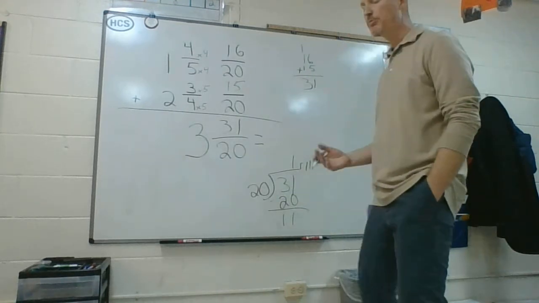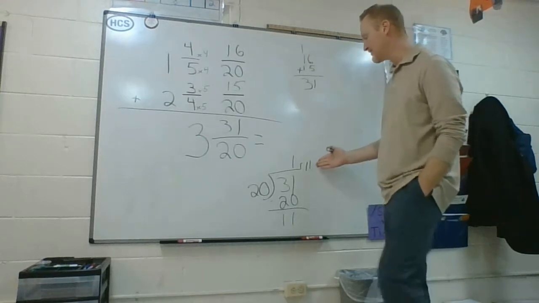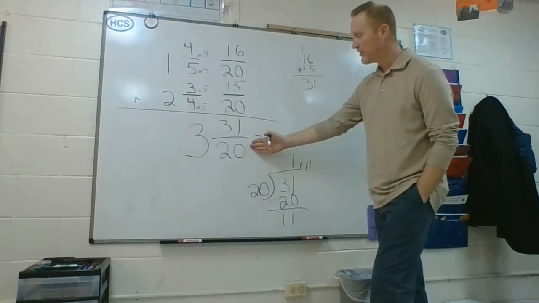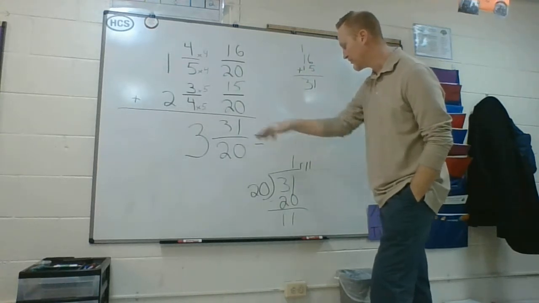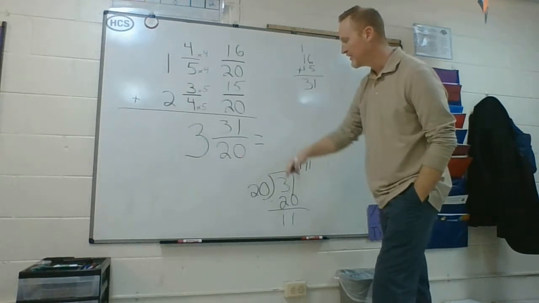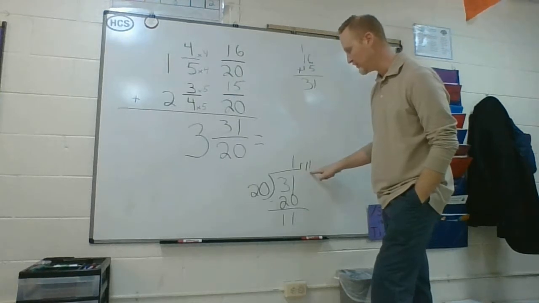And then this is the final place where everyone is getting snagged. So now we need to take this information that we just did, and we need to make this improper fraction a new number, regroup it, essentially. So we found that this fraction is 1 whole with 11 left over.